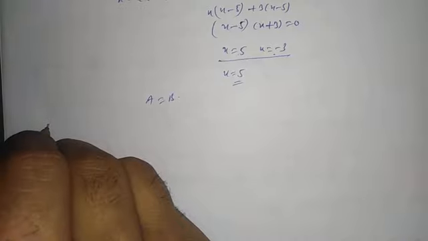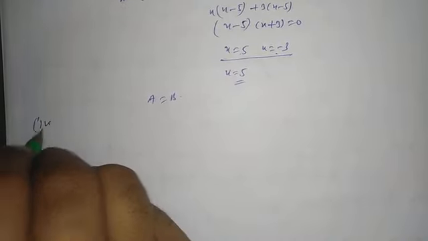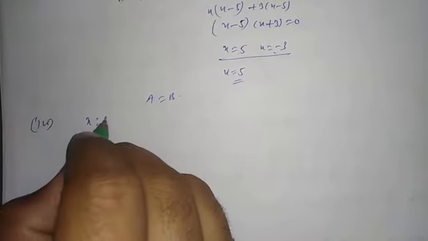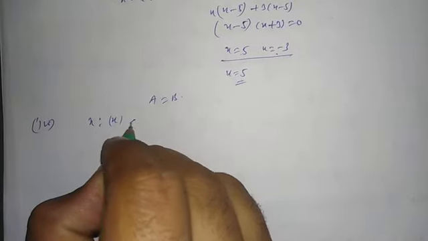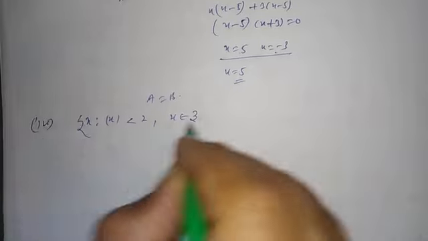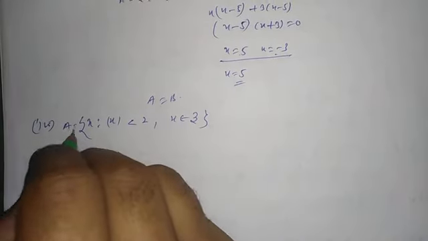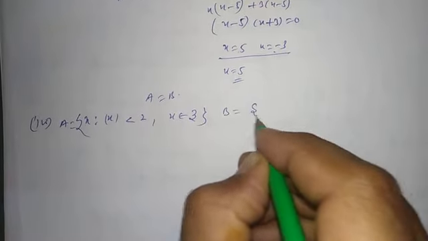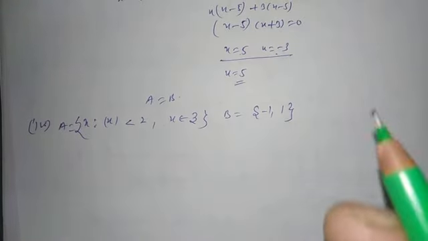Now we see fourth part. A is x such that modulus x less than 2, x belongs to Z. Set B is equal to minus 1 and 1.